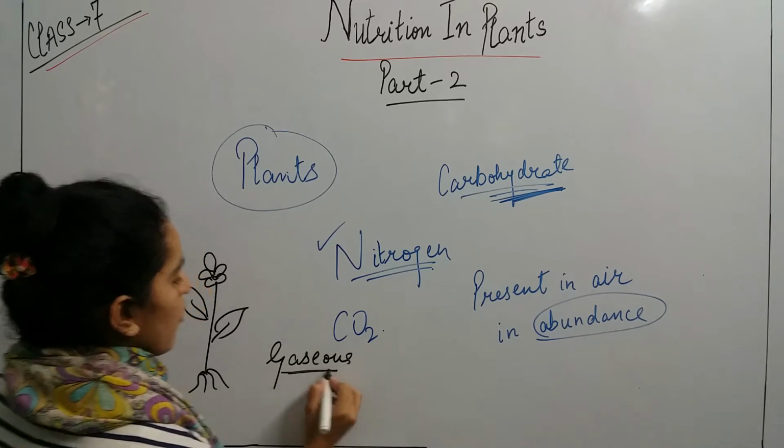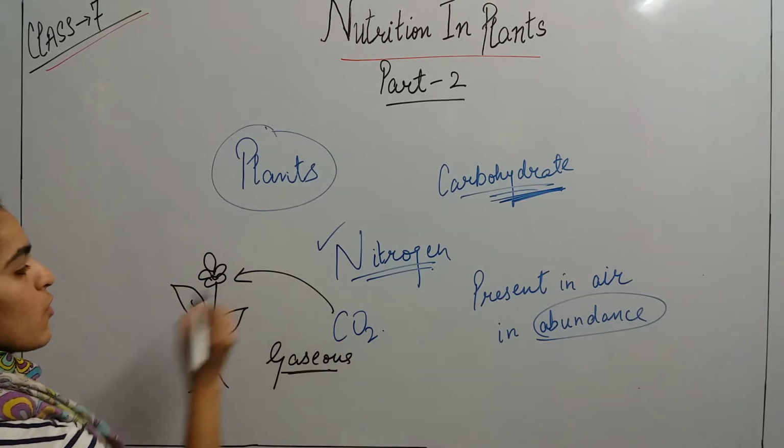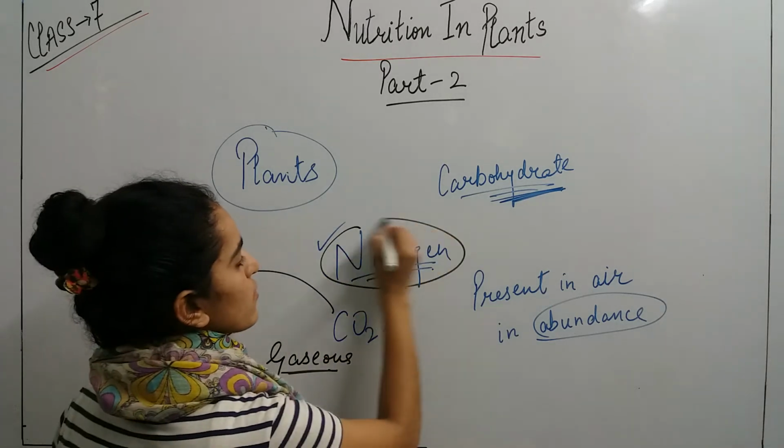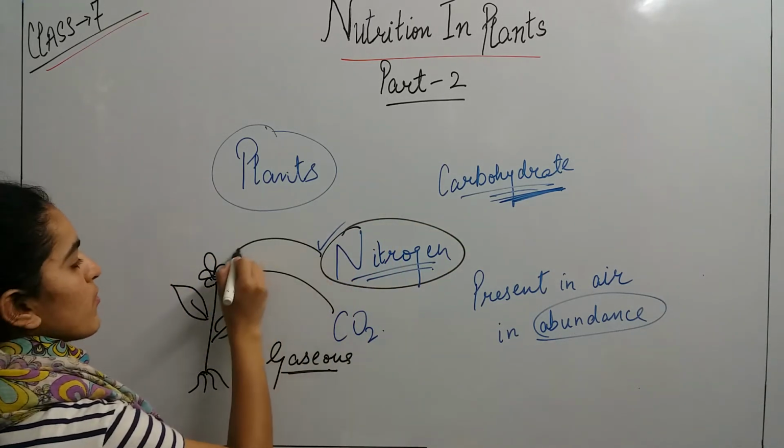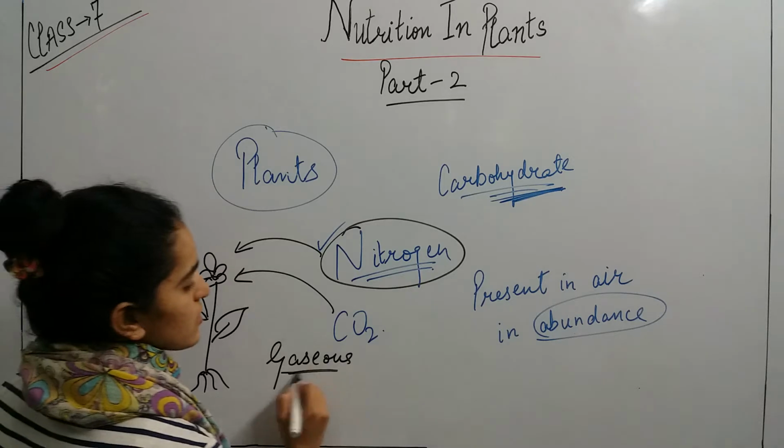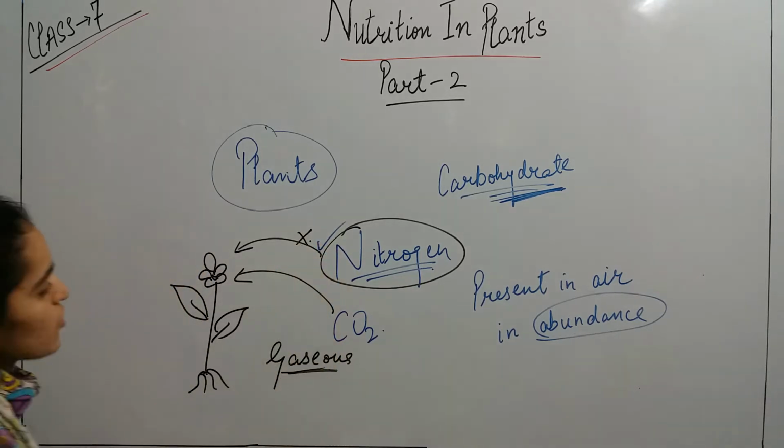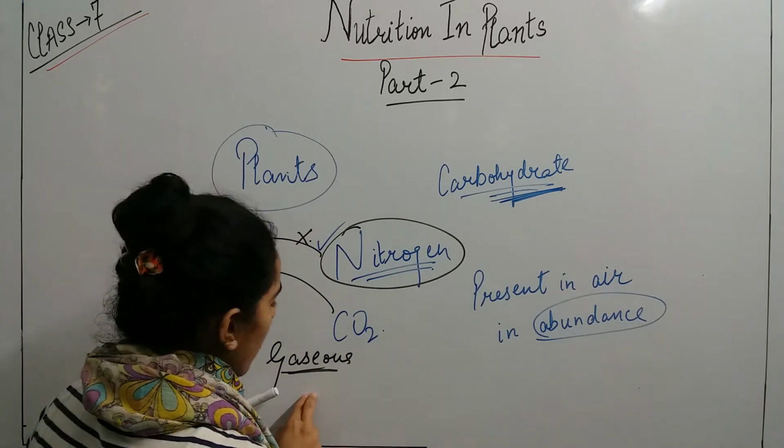In the gaseous form, the plant can absorb CO2, but the nitrogen cannot be absorbed by the plant in the gaseous form.